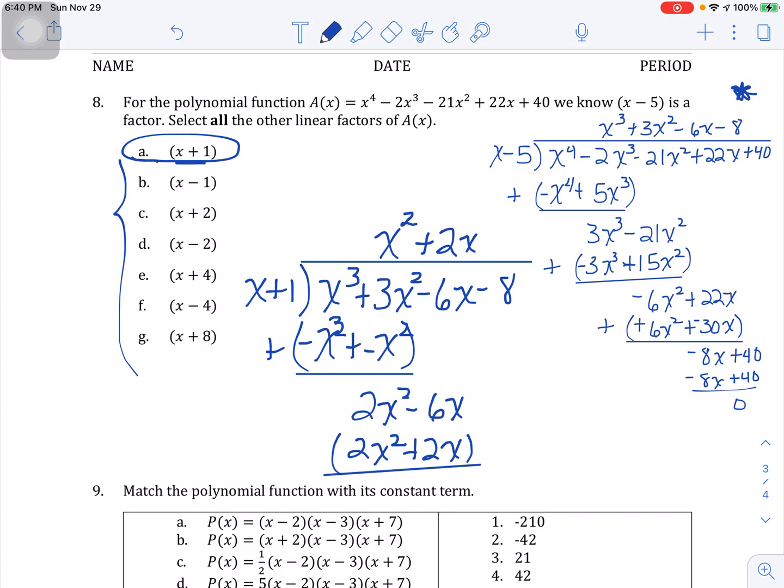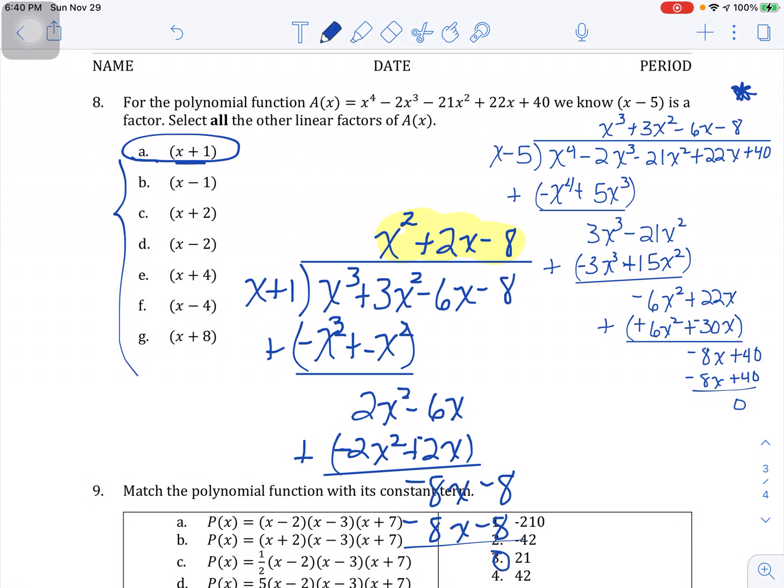Subtract, or add the opposite, would give me a negative 8x here, and bring down the negative 8. That means I'd have negative 8 there, and I do get a 0 for my remainder, which is what I thought I would. So now I've got the quadratic I needed that I can factor easily enough.